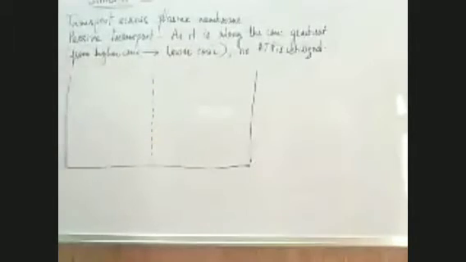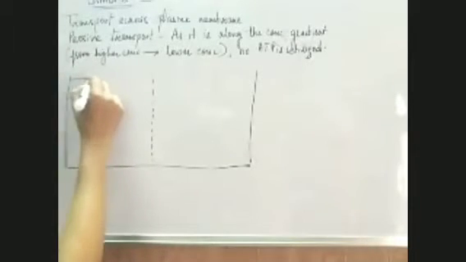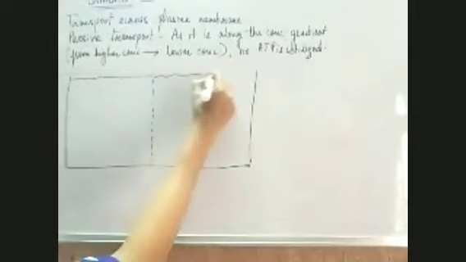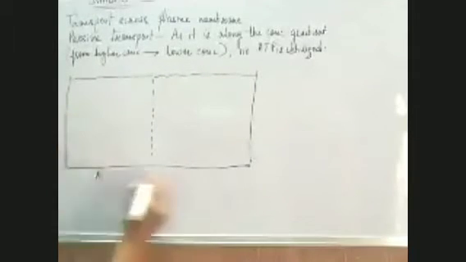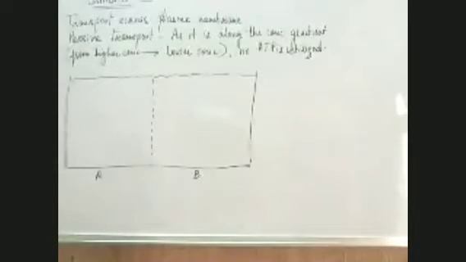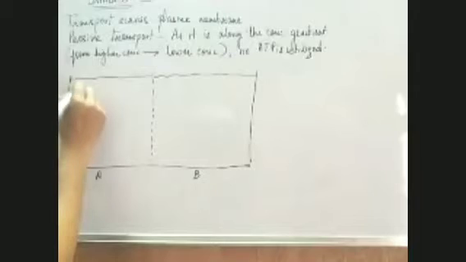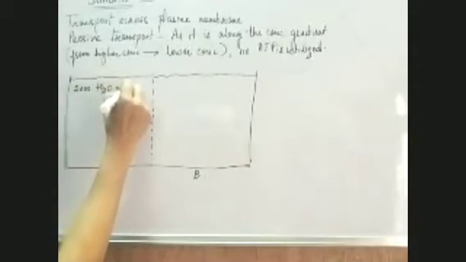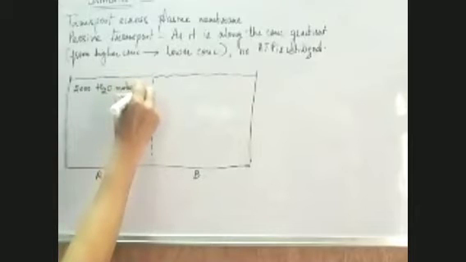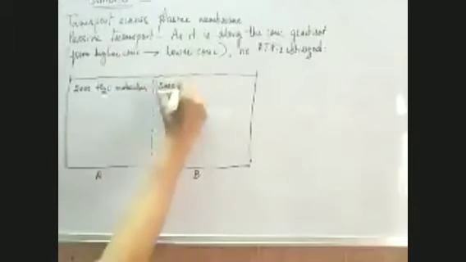We can name the compartments A and B. Both compartments are filled with water, and suppose here we have 2000 water molecules, and in the other one also 2000 water molecules.